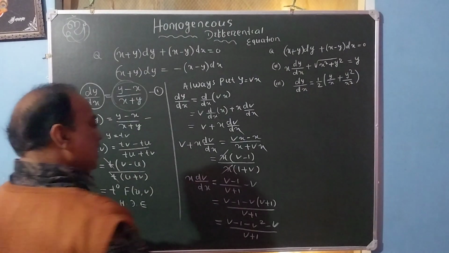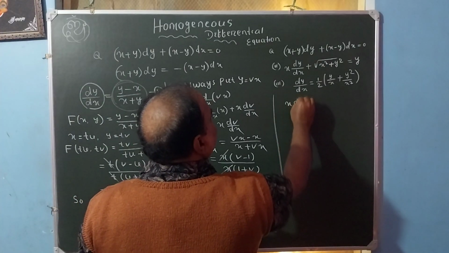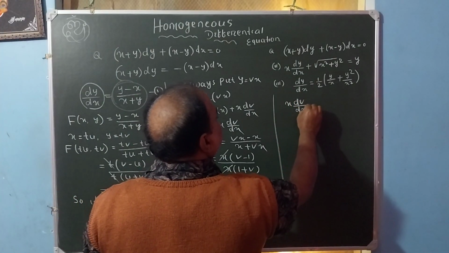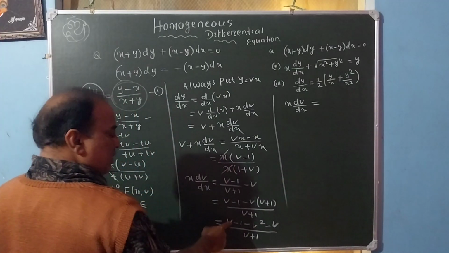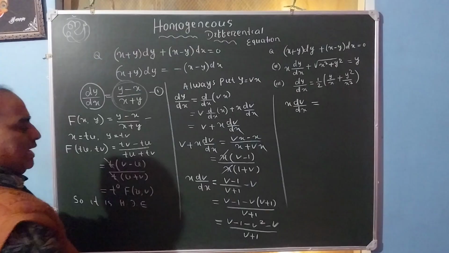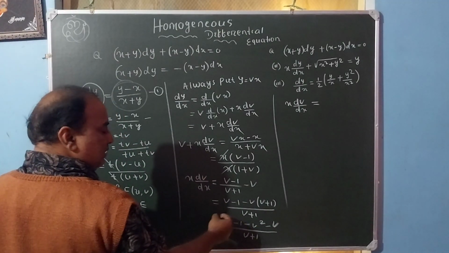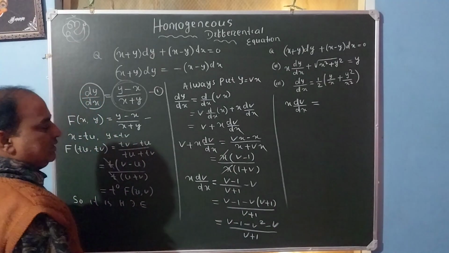Okay, so this can be written as x dv/dx. Here we get v minus v cancelled. This v cancelled with this v.